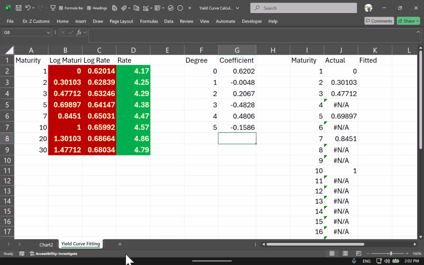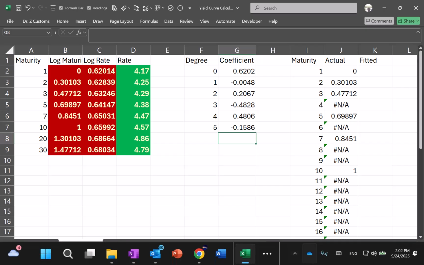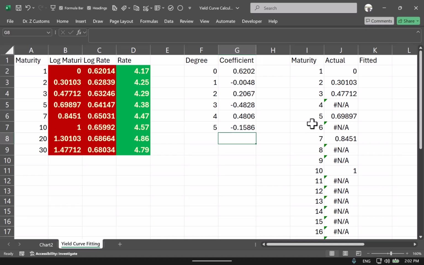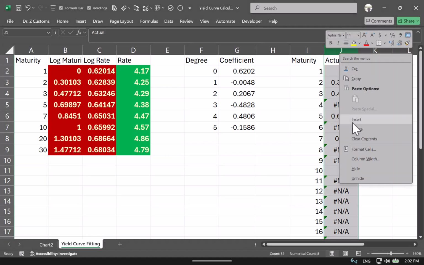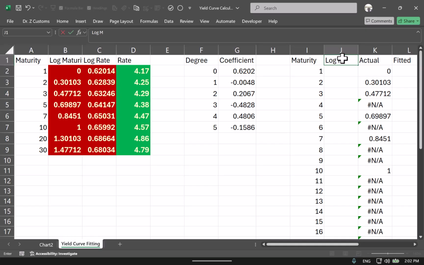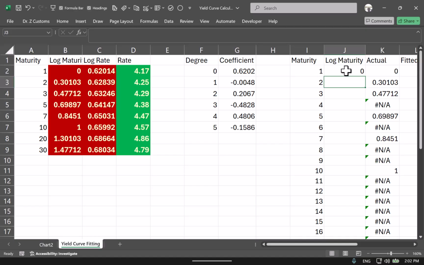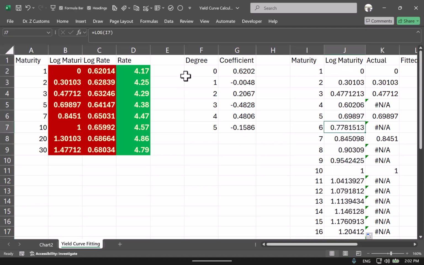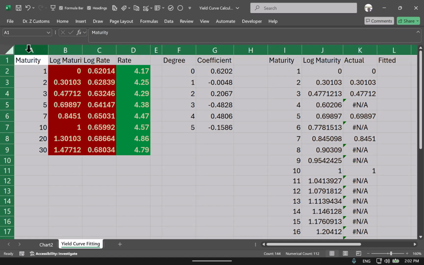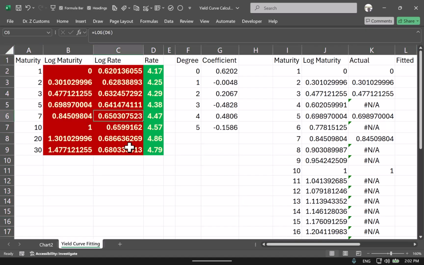So when I'm fitting, I'm going to take the log of the maturity as my x, and I'm going to calculate that polynomial, even though this is, in fact, let's call this, because I don't need these things to be that big.